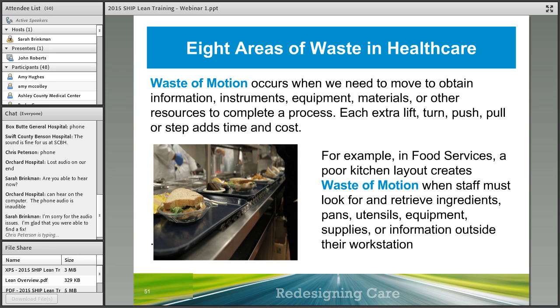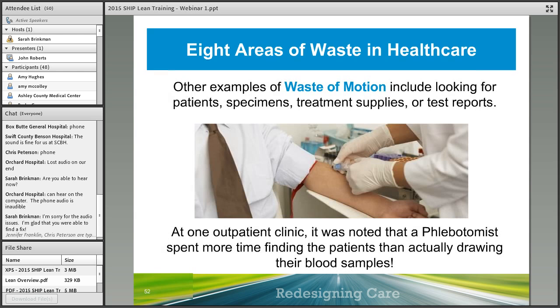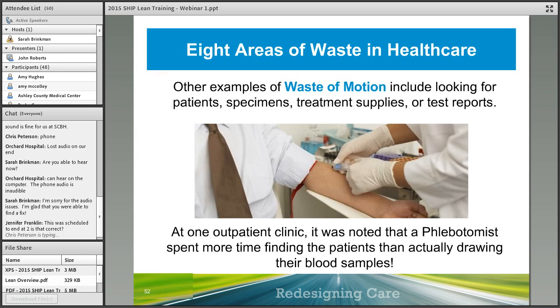Again, it could be the amount of walking that's done, it could be going to get different supplies in different areas, it could be just the layout of how we have our workspace put together in our individual areas or departments. Again, anytime a staff person is moving, we want to look at how we can reduce that amount of motion in the most effective way possible.